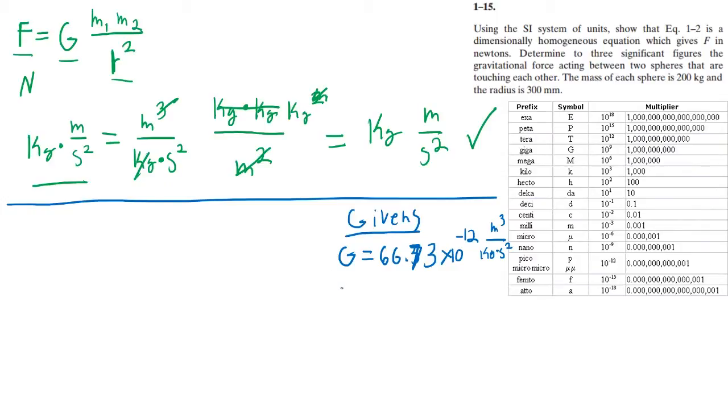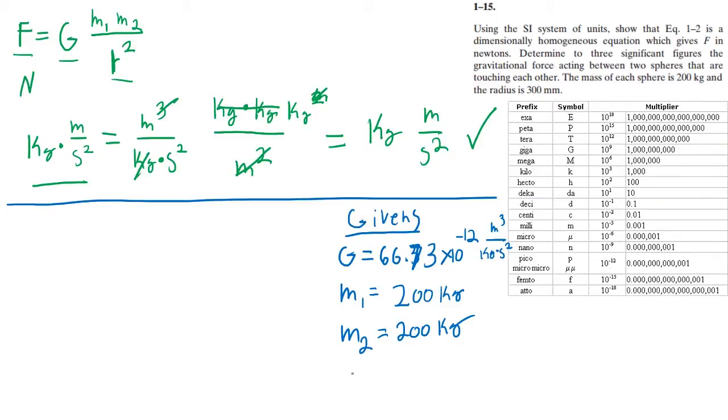So that's our G. M1, do we know M1? Of course we do. Between two spheres that are touching each other, the mass of each sphere is 200 kilograms. That makes our life easy. M1 is 200 and M2 is also 200 kilograms.